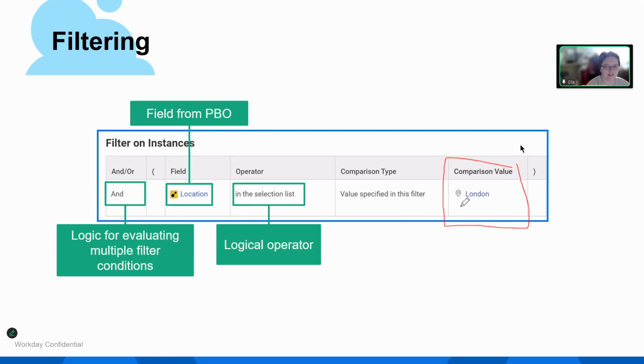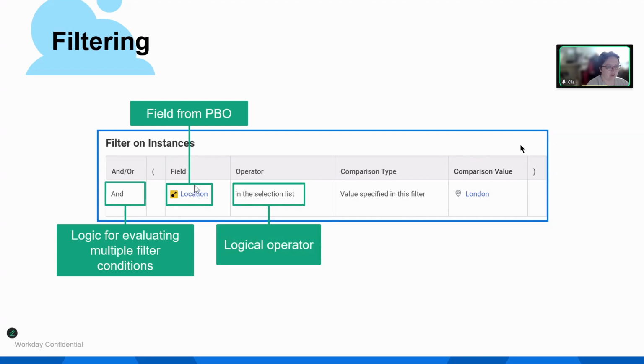So here, if it's an instance field, you can list multiple instances. And if the location that returns for an instance in your output of the report has this value, the person is going to make it to the output, obviously. A person cannot have multiple locations, so that's something to remember.